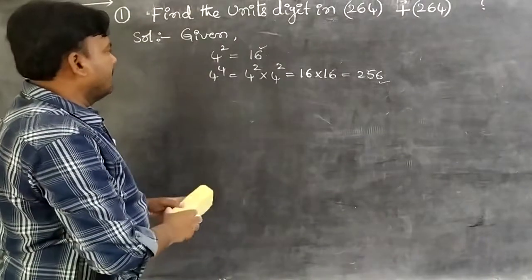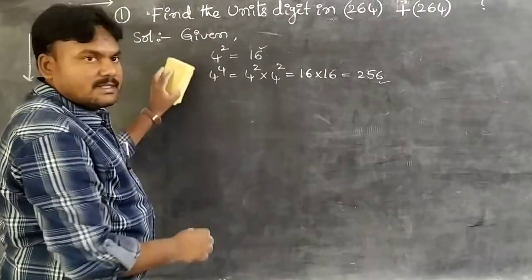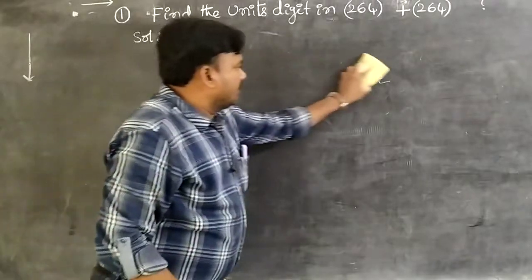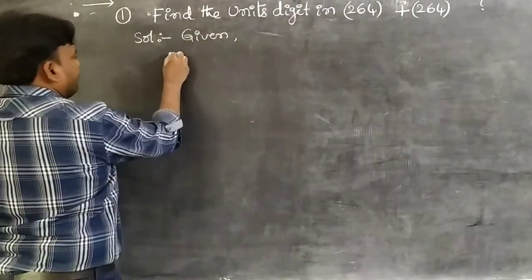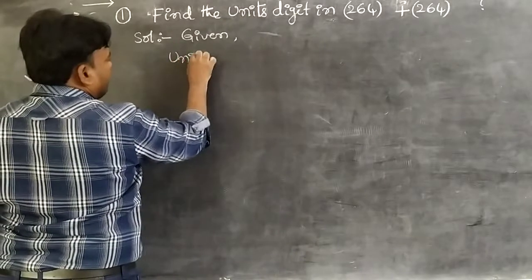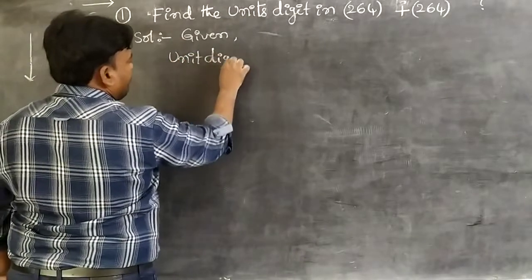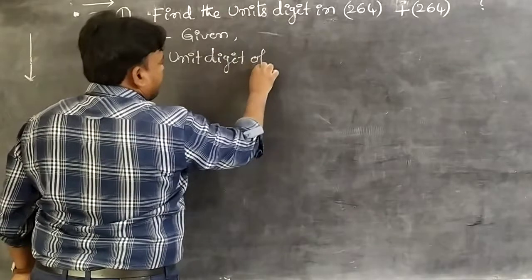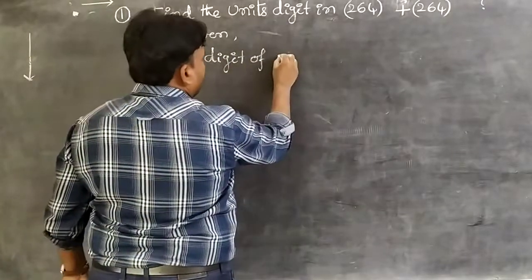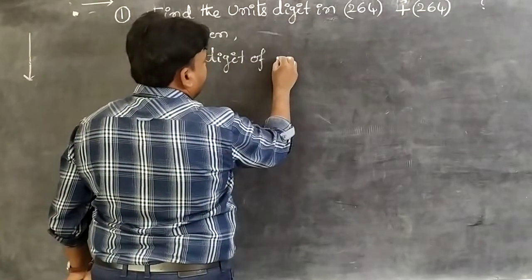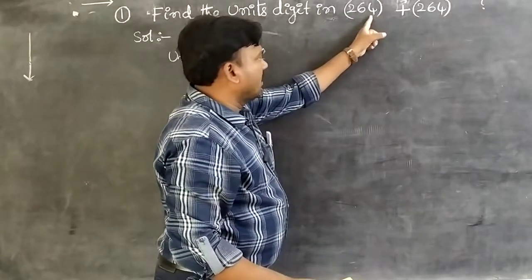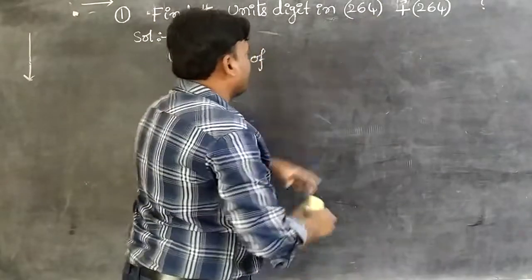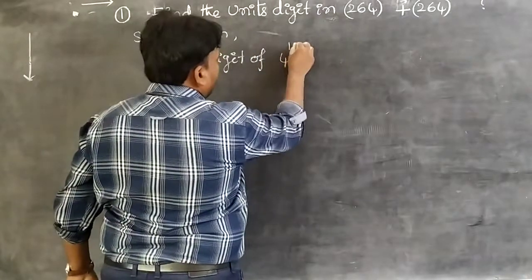So first of all, observe students carefully. Unit digit of 264. So here 264 whole power 102 means we have taken only unit digit, students. Unit digit of 4 power 102.